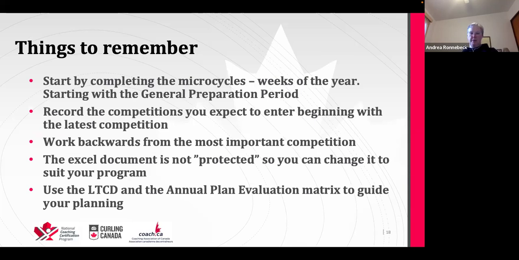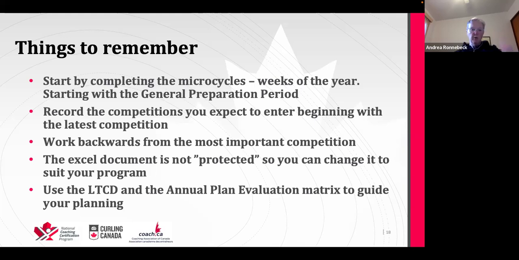Things to remember. Start by completing the microcycles, weeks of the year, starting with the general preparation period. Record the competitions you expect to enter, beginning with the latest competition in your season, and work backwards from there. The Excel document is not protected, so you can change it to suit your program.